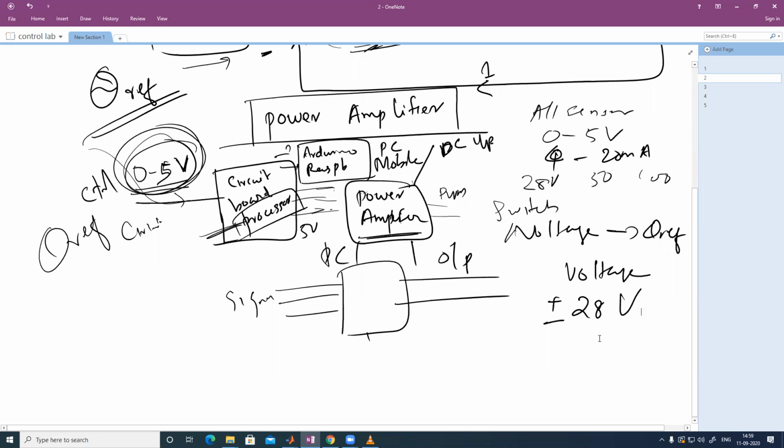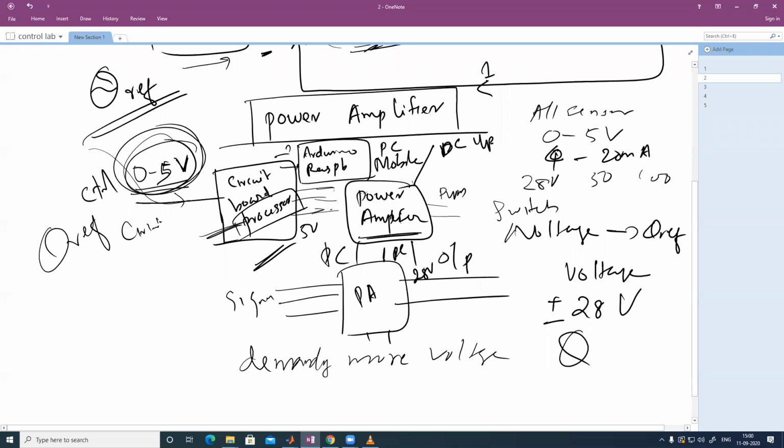If the controller is demanding more voltage to maintain some theta, but your power amplifier cannot give that voltage because its DC value is maximum 28 volt.